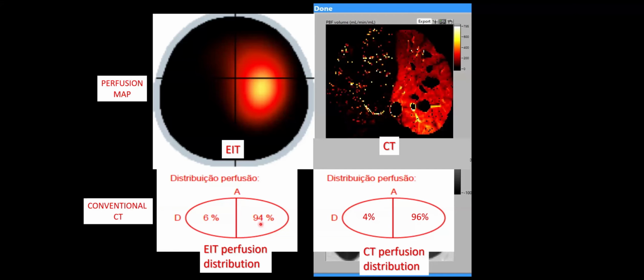So we did this comparison for multiple occlusions, but think about the following. This is 3 centimeters thick. This is 15 centimeters thick. So we cannot expect a perfect agreement because this is representing a larger part of the lung. But let's see the results.